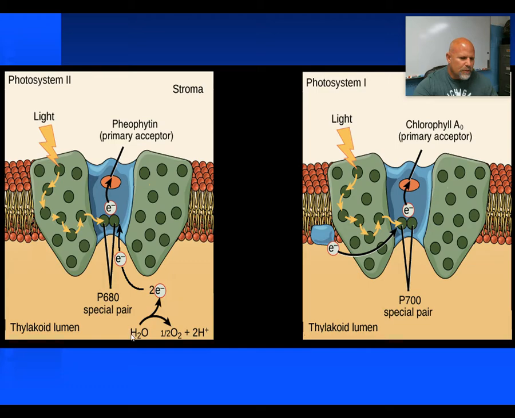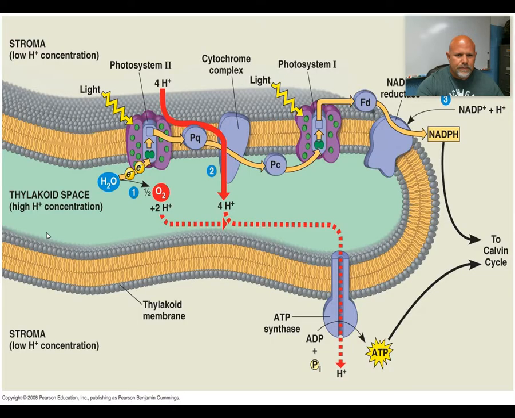And 2 water molecules will split. And then oxygen from each one of those water molecules will become part of O2. And then O2 is given off as a waste product. That's where we get our oxygen gas from. And the hydrogens then are used in a process where they build up and then they flow through the ATP synthase. We'll talk about that in a minute.